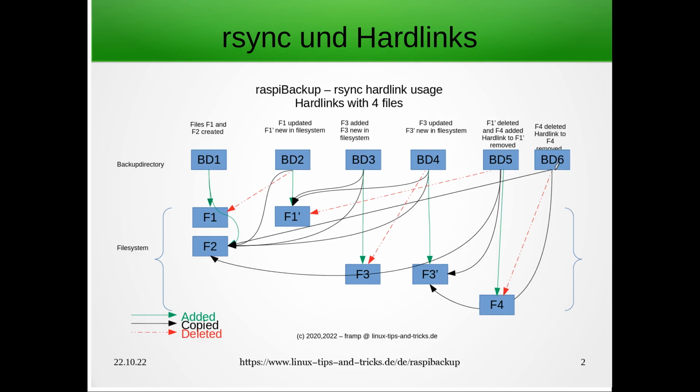Now another backup happens, and file 4 is deleted. Now again, rsync checks and detects, okay, file 2 already exists in the backup space, just create a link.